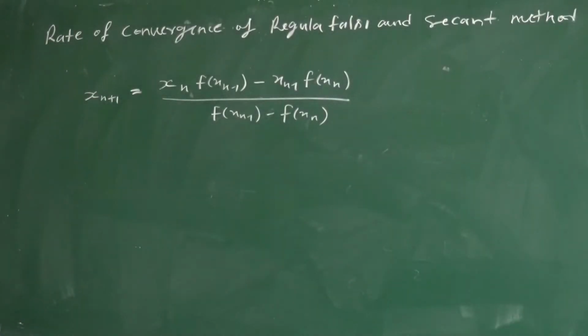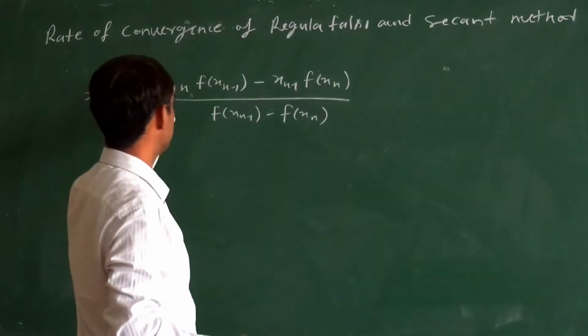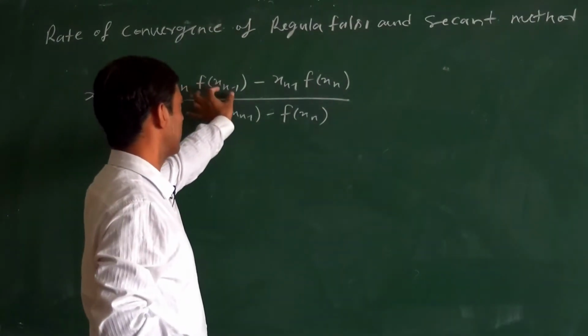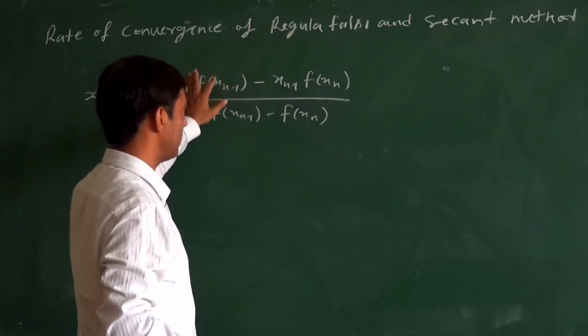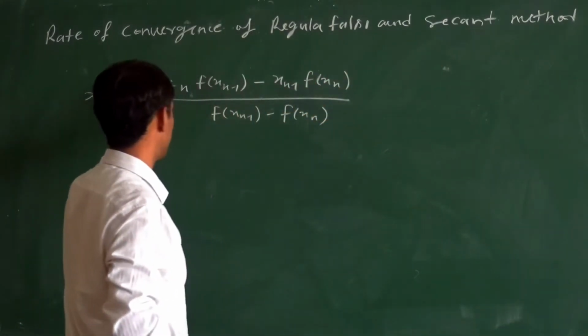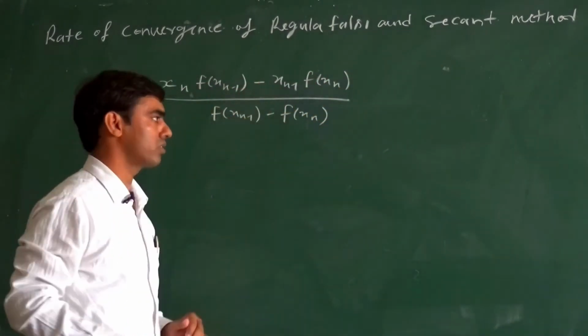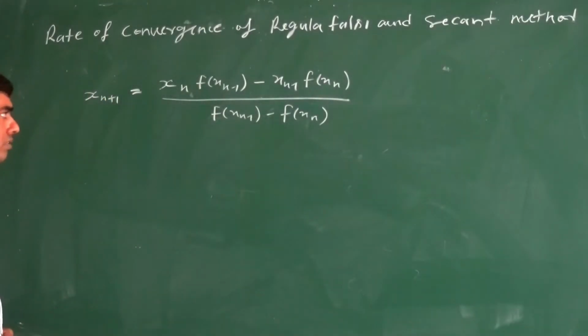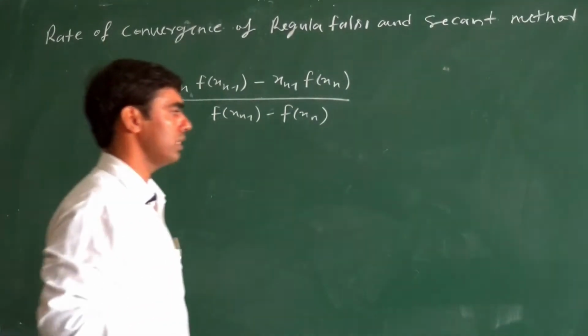So what's happening in the Regula Falsi method? One end is always fixed. Suppose Xn minus 1 and f of Xn minus 1 is fixed, and in the secant method both ends, Xn, f of Xn and Xn minus 1, f of Xn minus 1, vary.